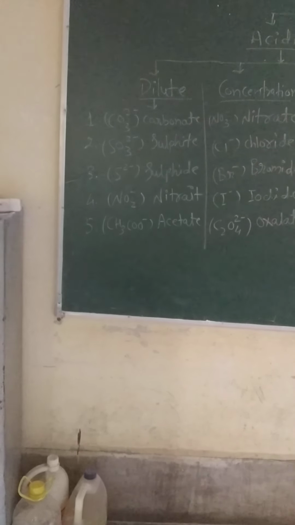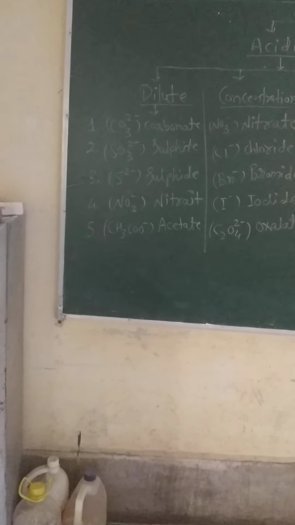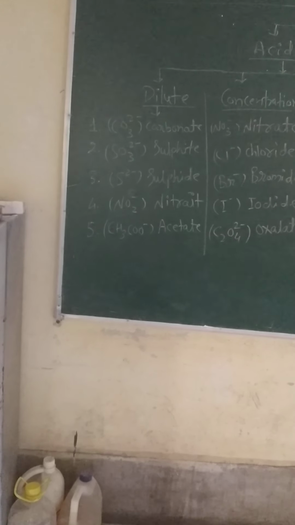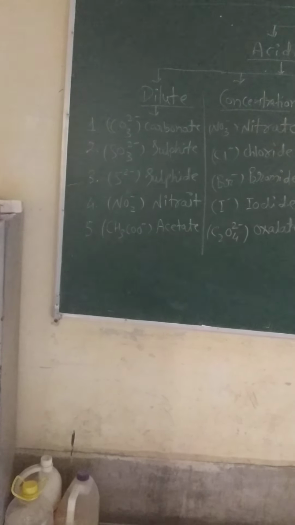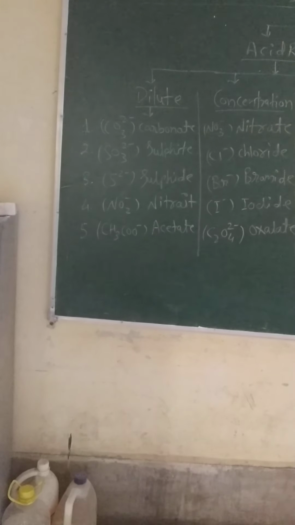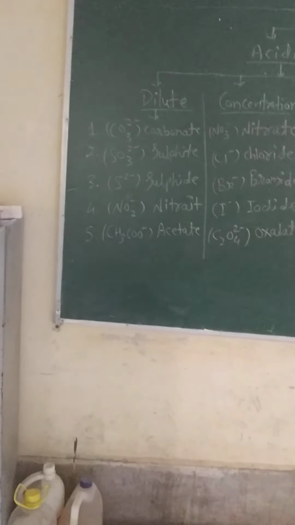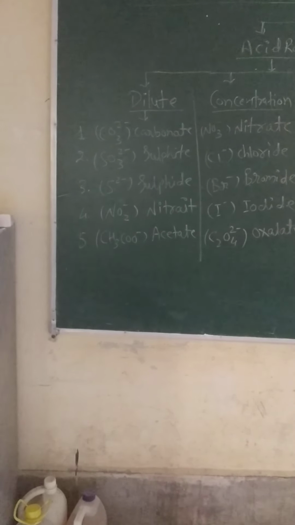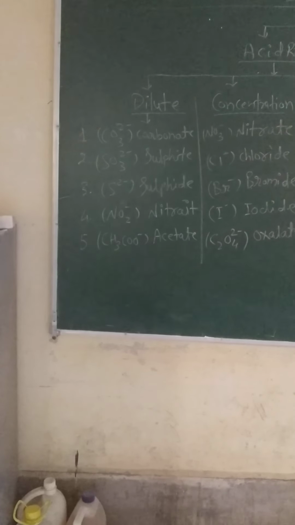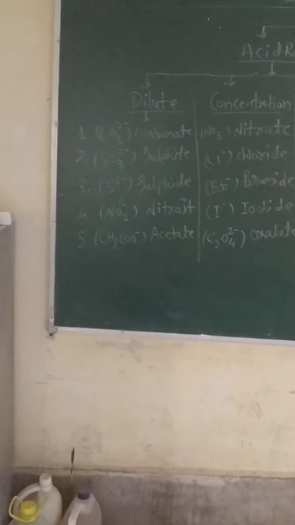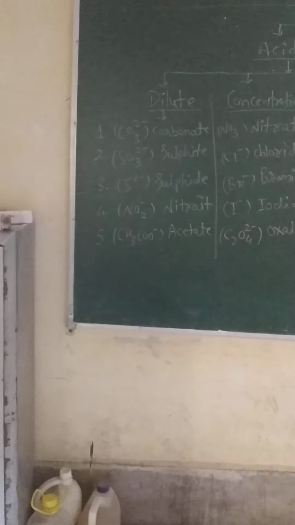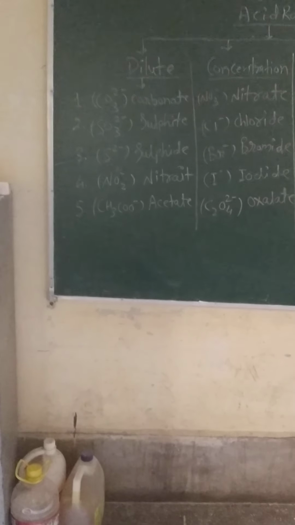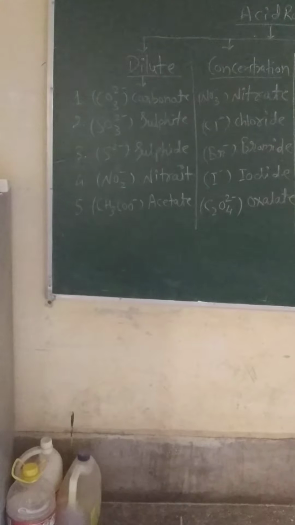Mix it with sodium carbonate solution and water, and it is ready. Then add a few drops of the soda extract solution to the test tube solution, add barium chloride solution and bromine water, and then check. A white color appears for sulfide. So these are the 3 types of tests checked for the sulfide solution.